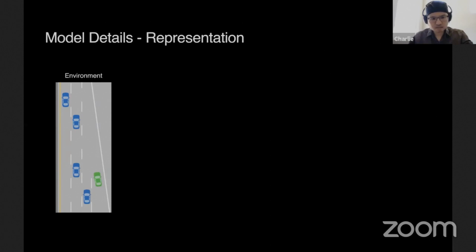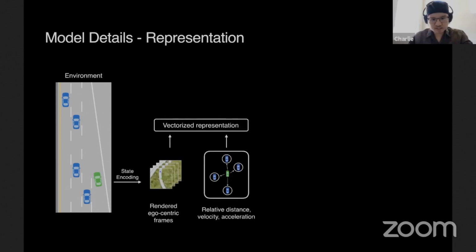The way we approach our representation learning is this. We have an environment with different agents, velocities, and states. We need to convert that into a vectorized representation, because neural nets like vectorized representations. This is known as state encoding. We take a top-down view and render it into an image, then take successive images across time, in this case the past 4 frames.